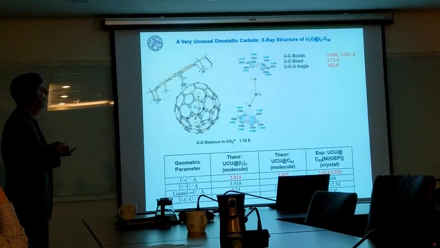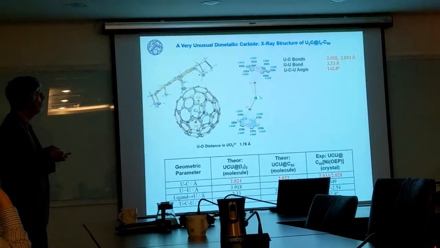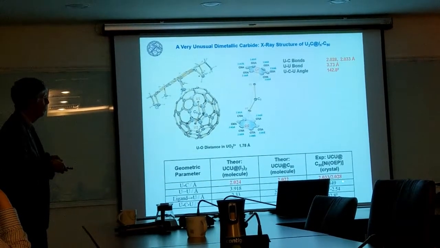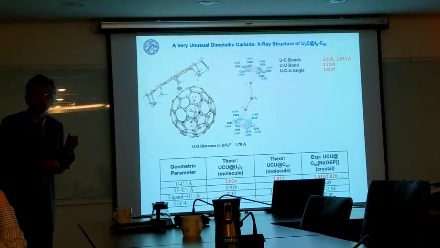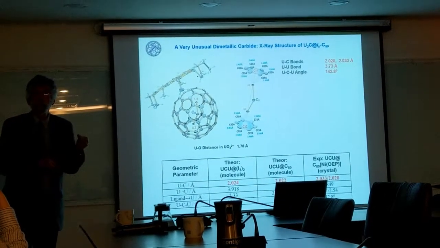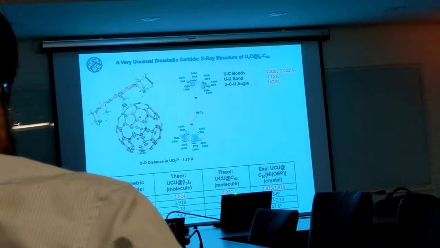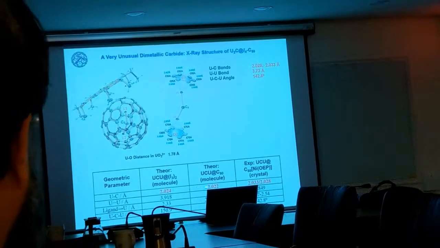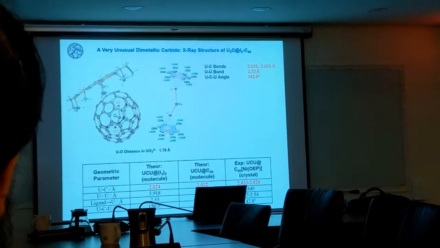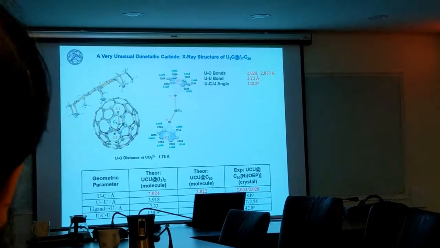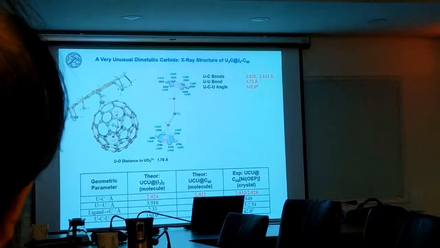And what you see very clearly, I think, is that carbon, uranium, the two distances are 2.0, so these are roughly 2 angstroms, right? And theory predicts 2.02. So everything fits beautifully with the observation of the first ever well-characterized carbon-uranium double bonds.